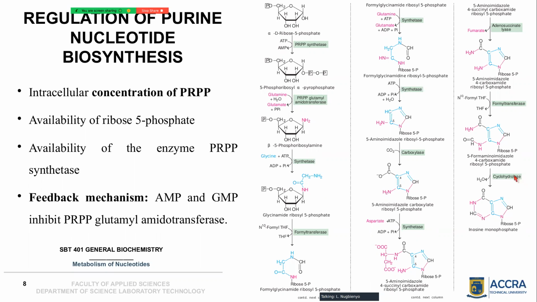Now, you see that adenosine monophosphate and guanosine monophosphate are products that are realized in this process.